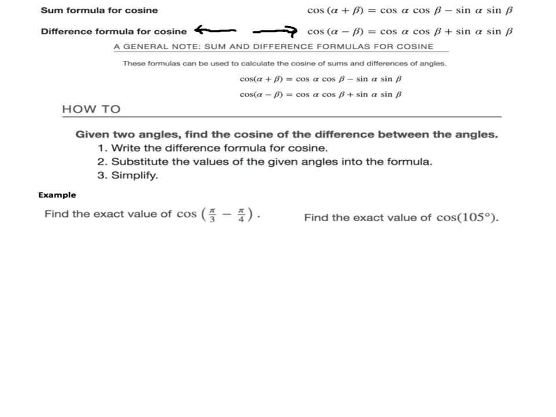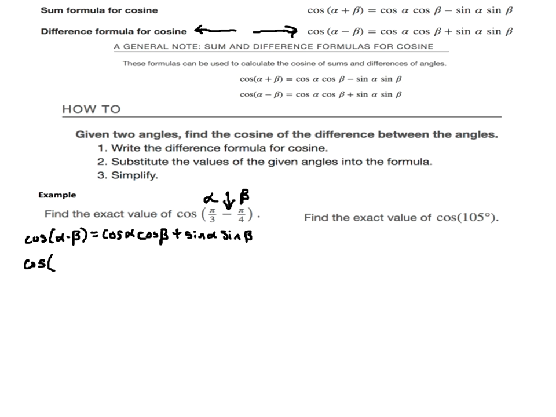All right, so find the exact value of cosine pi over 3 minus pi over 4. So from my cosine difference formula, I know that the cosine of alpha minus beta is equal to cosine alpha cosine beta, this is what we just showed, plus sine alpha sine beta. So since I've got a difference on the inside here, I can look at pi over 3 as my alpha and pi over 4 as my beta.